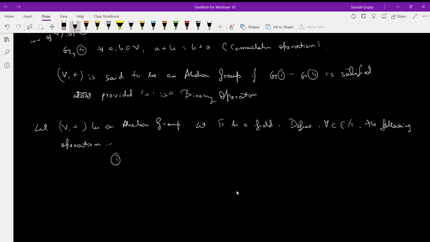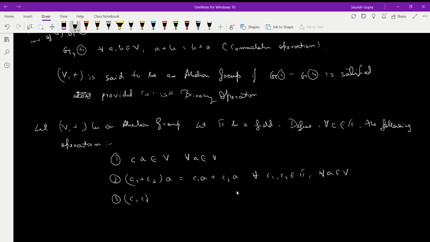Number one: if you multiply this element C with any element A from V, then it is again in V. Number two: C1 plus C2 times A distributes as C1A plus C2A, for all C1, C2 in F and for all A in V. Number three: C1 C2 times A is C1 times C2A, for all C1, C2 in F and for all A in V.